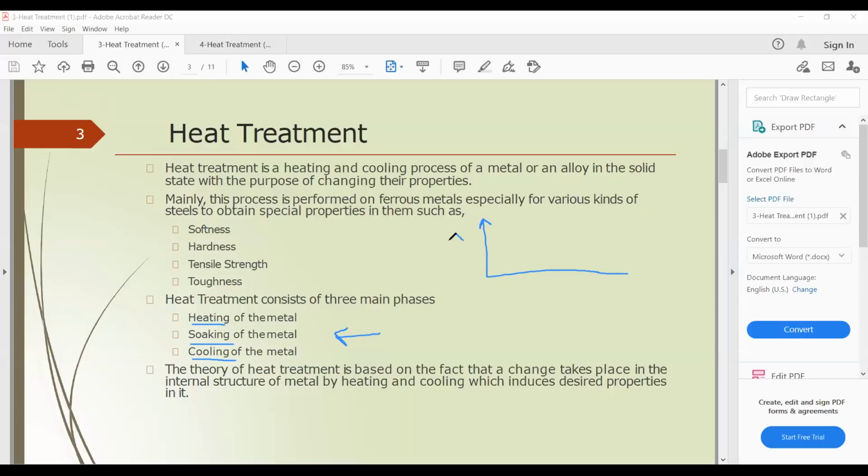You can indicate this y-axis as a temperature axis, right? So this is a x-axis. You can indicate this x-axis as a time, right? So your task is you have to draw a graph indicating this heat treatment process. That means you have to indicate heating, soaking, cooling, right? How it's possible?